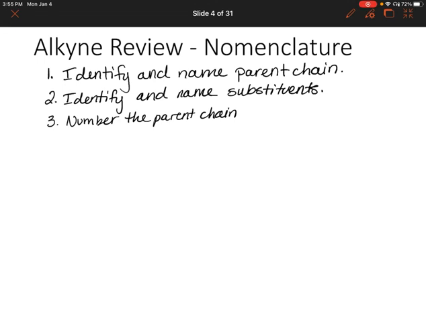Now, when you number the parent chain, you want to make sure the alkyne has the lowest number possible.